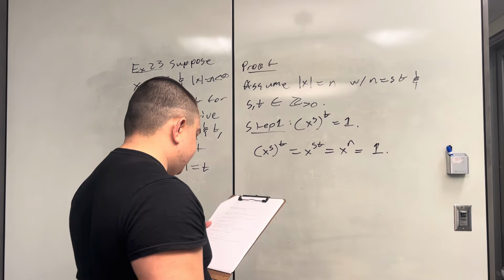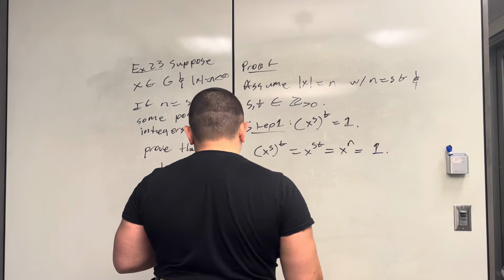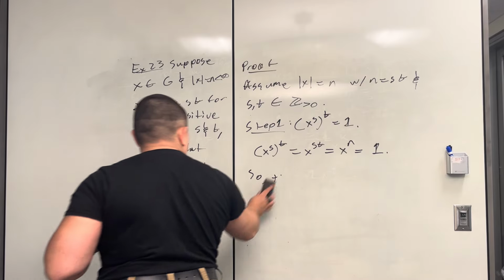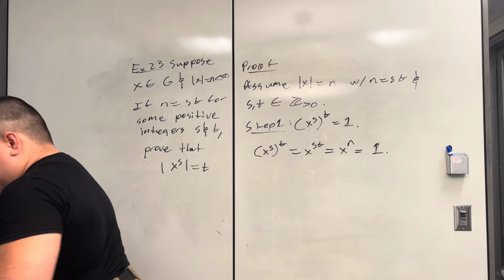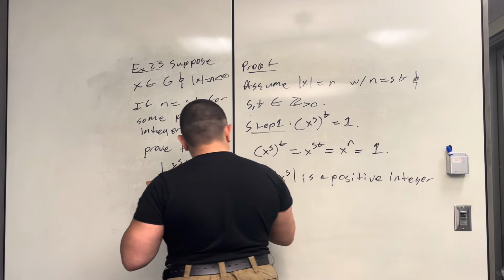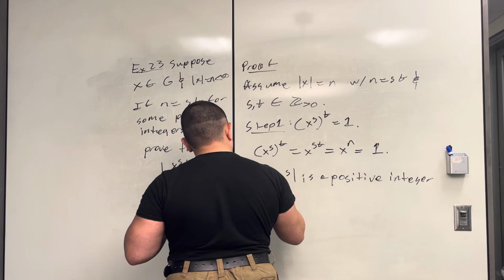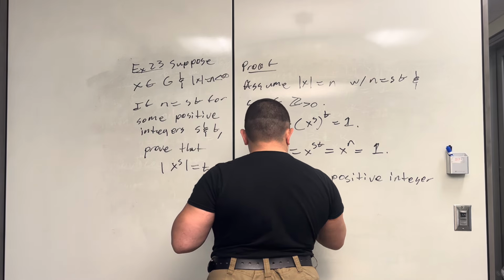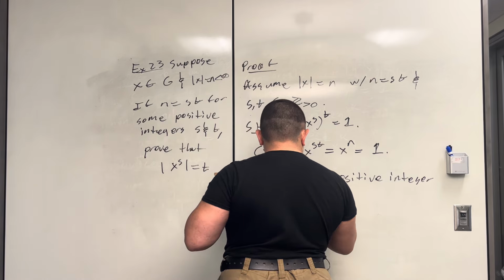So the order of x to the s is a positive integer dividing t. Right.